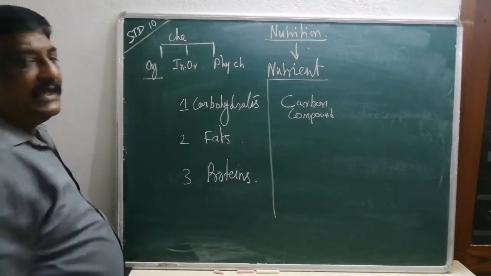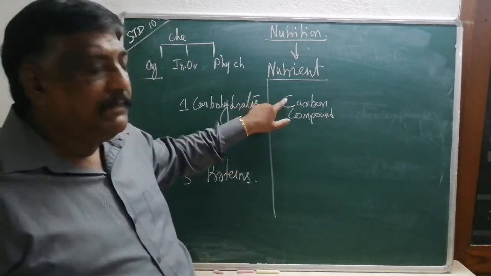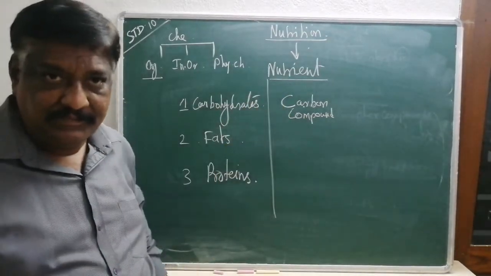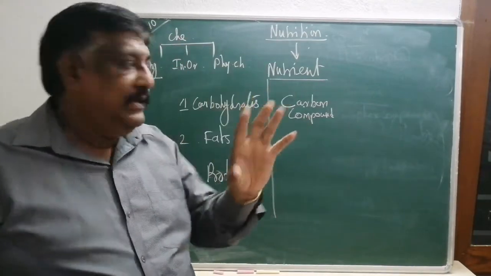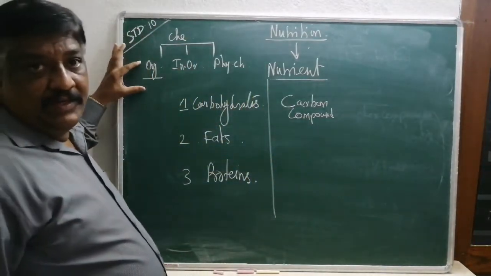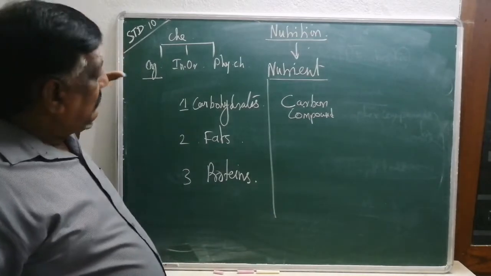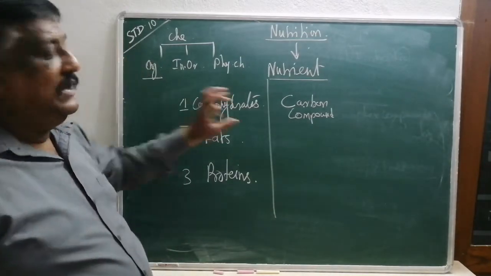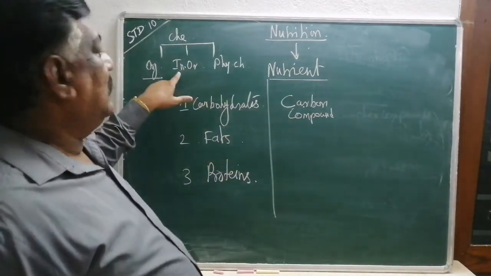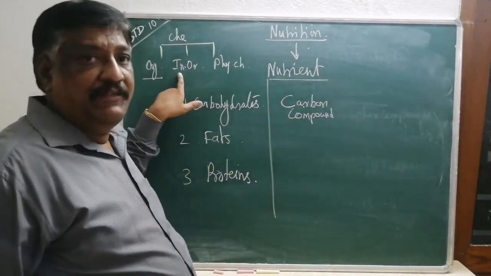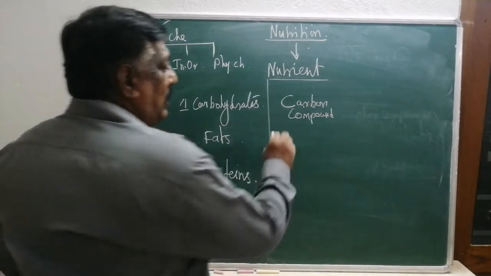Organic refers to carbon and its compounds. So the study of carbon and its compounds is organic chemistry. So wherever the carbon is in a compound, that is an organic compound. Without carbon, it is an inorganic compound. You know the difference now?